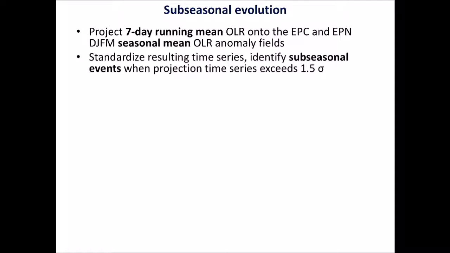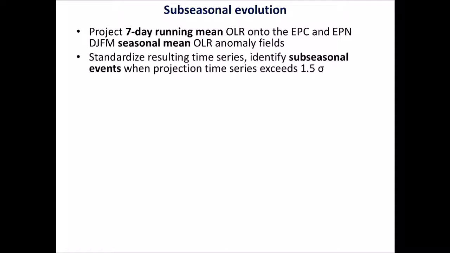However, a lot of the important dynamical mechanisms for these teleconnection patterns occur on subseasonal timescales. So if we focus on the subseasonal evolution of the OLR and the teleconnection patterns, we may be able to zoom in on times when the OLR signal is stronger and detect more robust features.